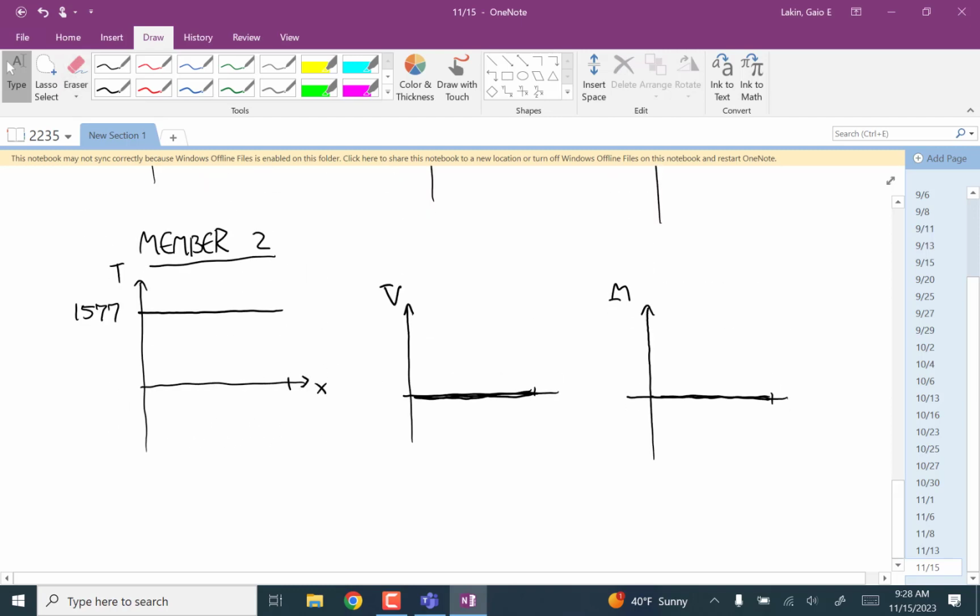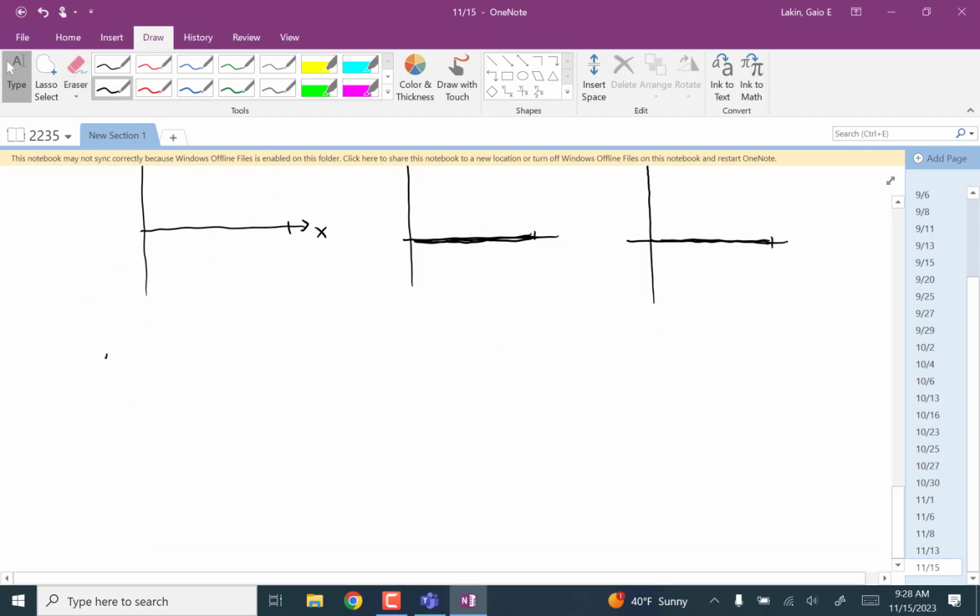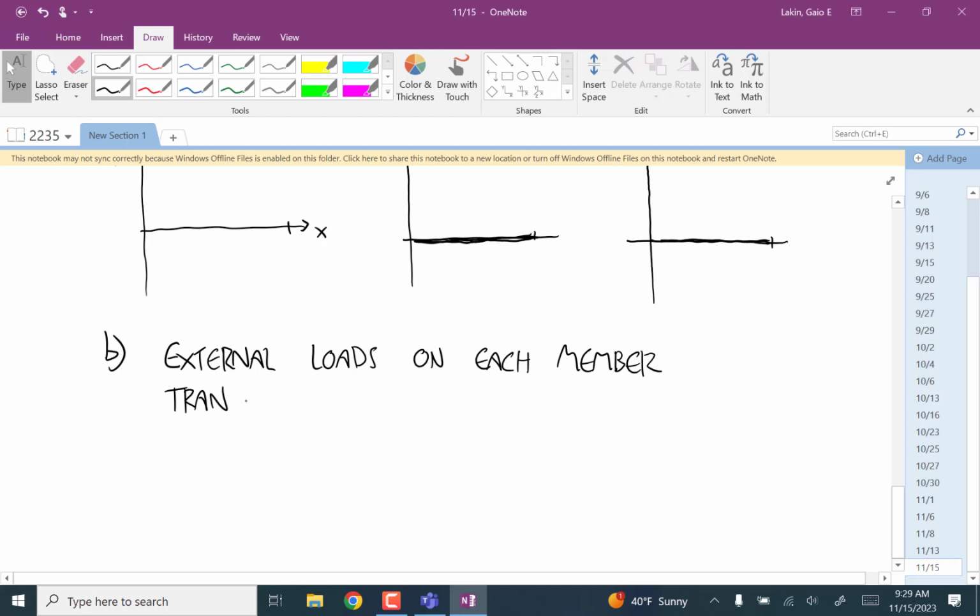All right, so now for part B, this is going to be more involved. We're going to first calculate the external loads on each member. Then we're going to transform the coordinate system using the rotation matrix.